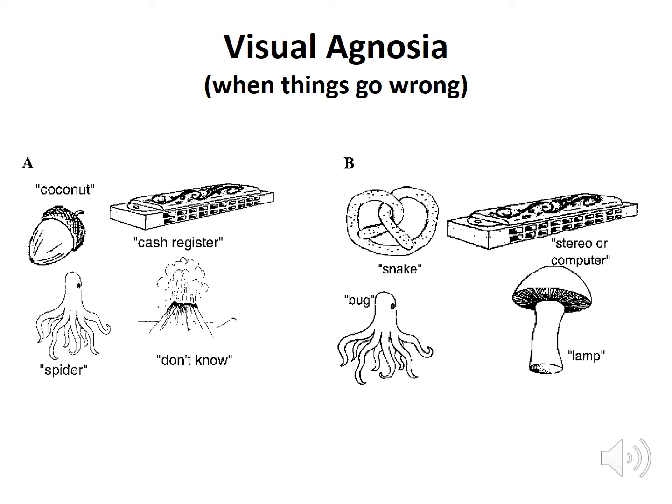What is also interesting is that there's a certain visual similarity between what is believed to be shown here and what is actually shown here, like the pretzel and the snake in B, or the lamp and the mushroom also in B. So it seems like the subject is able to pick up this general shape, but the identification of the object is not possible.